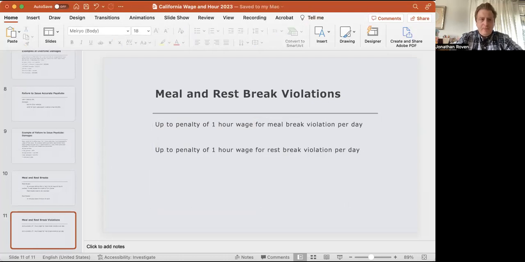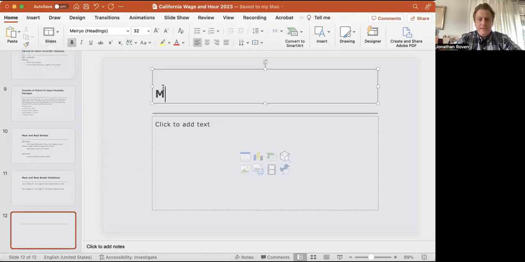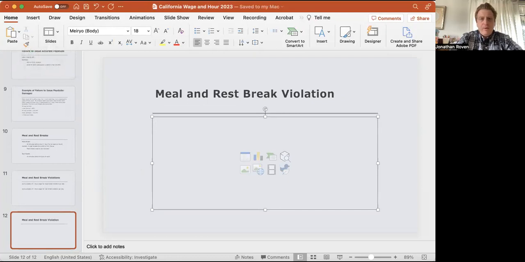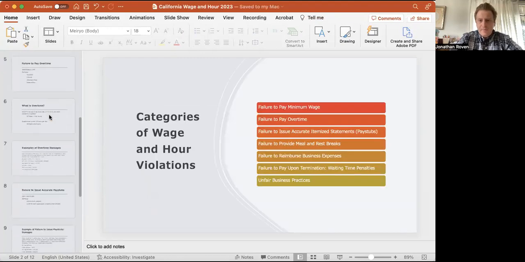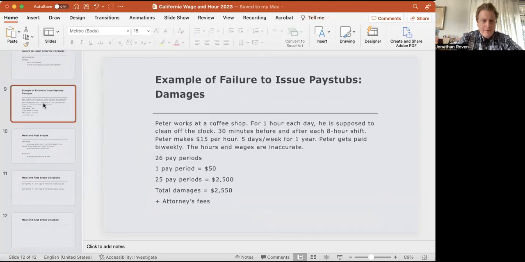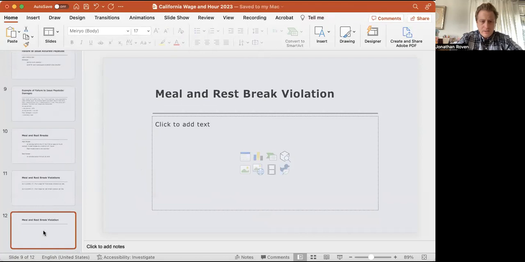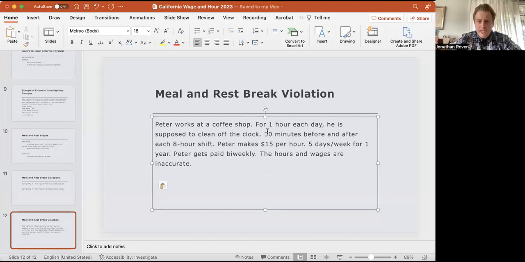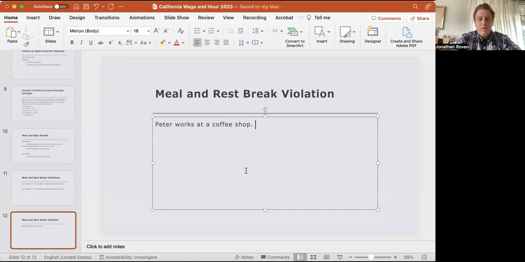An example would be if a person works 8 hours per day.